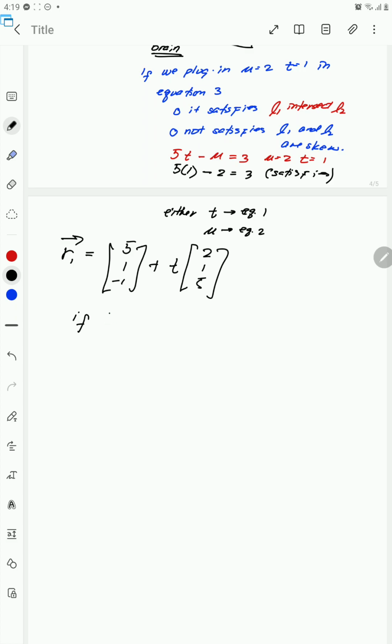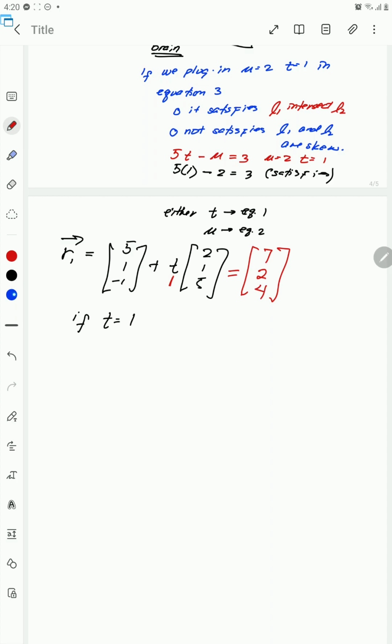If t is equal to 1, so let me just replace this one. If t is equal to 1, so what would it be? 5 plus 2 is 7. 1 plus 1 is 2. Negative 1 plus 5 is 4. So it is (7, 2, 4), right?